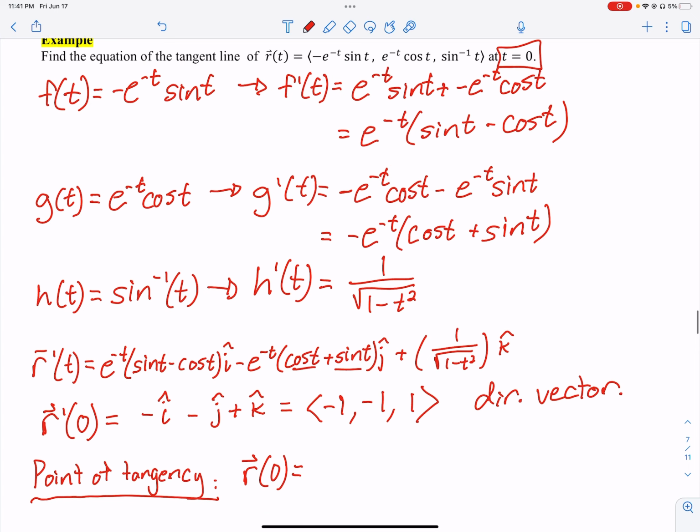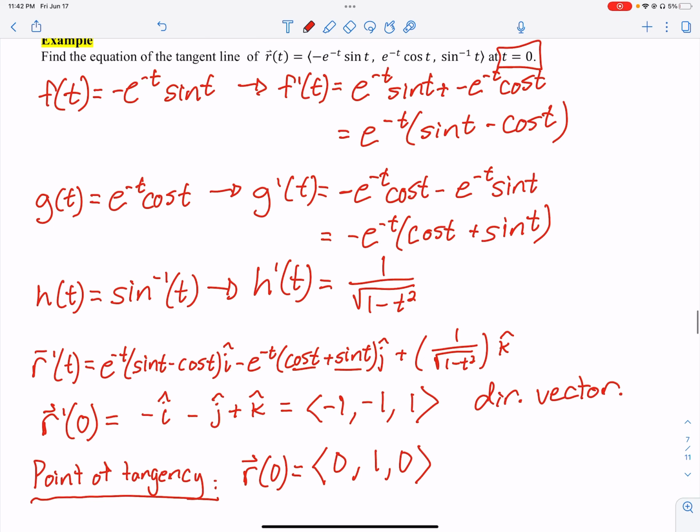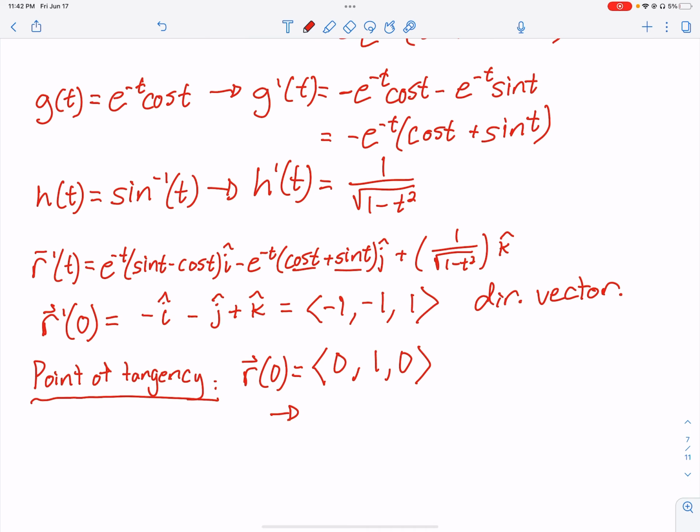R of 0, I plug that in. Sine of 0 is 0. Cosine of 0 is 1. E to the 0 is 1, so that one's a 1. Sine of 0 is 0 when we plug in a 0. So our point is 0, 1, 0.